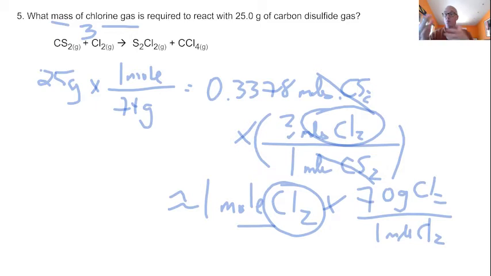So always be aware whether you've got atoms or molecules, because they're going to have different masses. Chlorine gas is Cl2, fluorine gas is F2, nitrogen gas is N2, oxygen gas is O2, hydrogen gas is H2. Just be aware that we're not dealing with atoms, we're dealing with molecules.